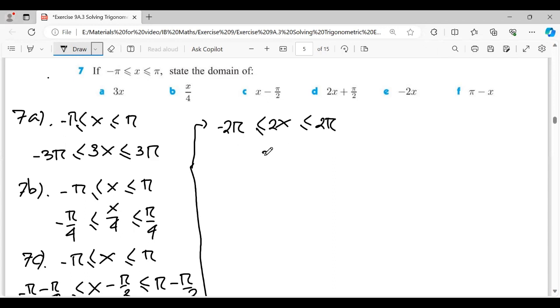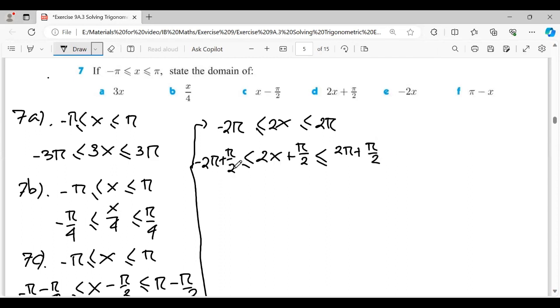So if 2x plus pi half, it means negative 2 pi plus pi half, and 2 pi plus pi half.